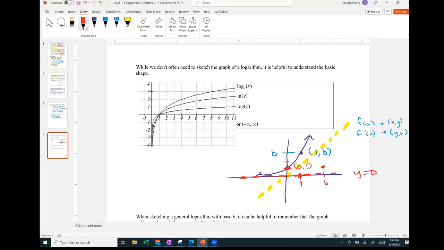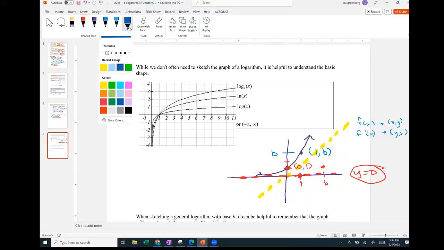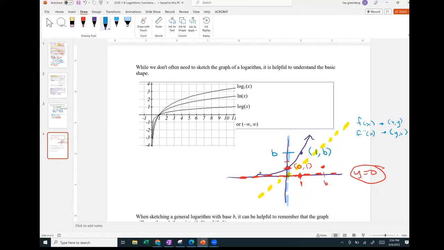If I have an asymptote at y equals 0 for my exponential function, I have a vertical asymptote at x equals 0. Let me write this for exponential.